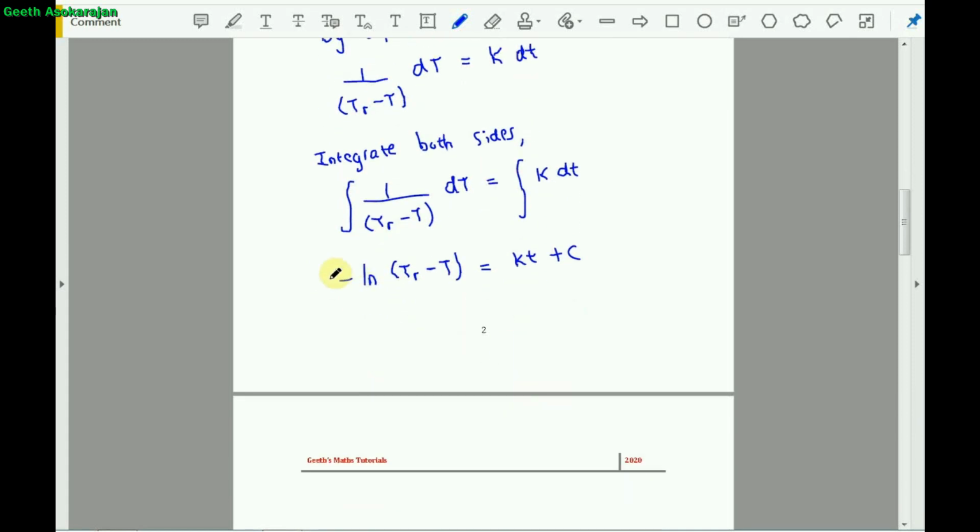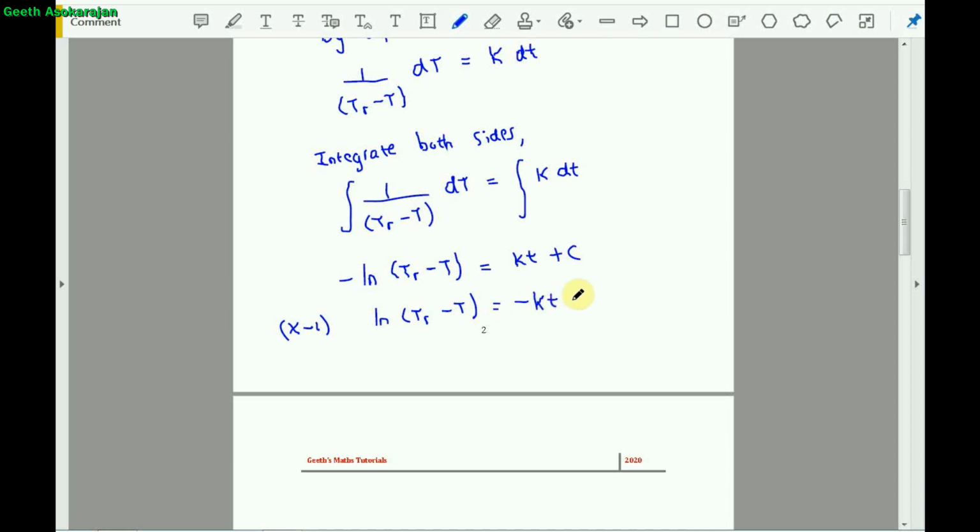Now I don't like this negative in front of my ln. Let me get rid of this negative. So let me multiply throughout by -1. So if I multiply by -1 both sides, we'll have ln TR minus capital T, that is equal to minus Kt.